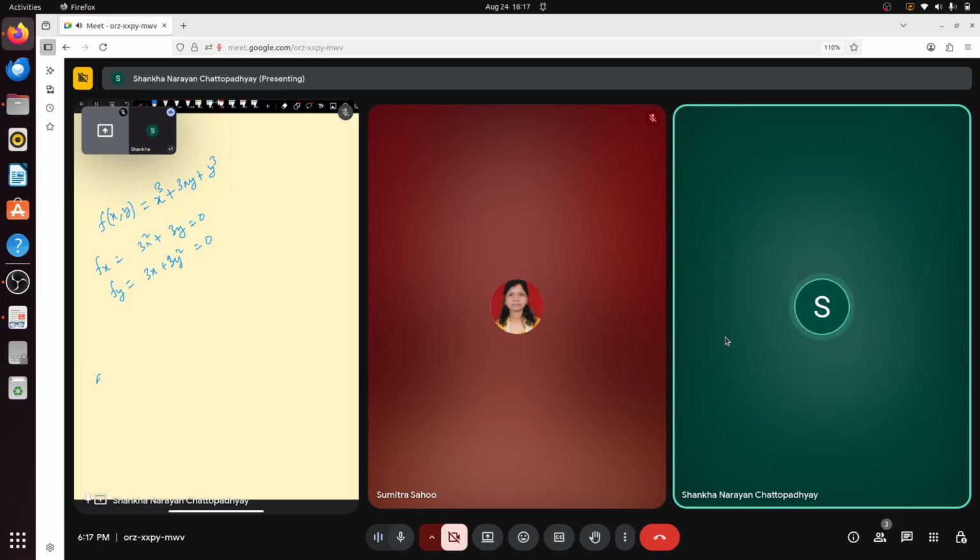Now see, what is happening here? This will ultimately give you x square plus y equal to 0 and x plus y square equal to 0.